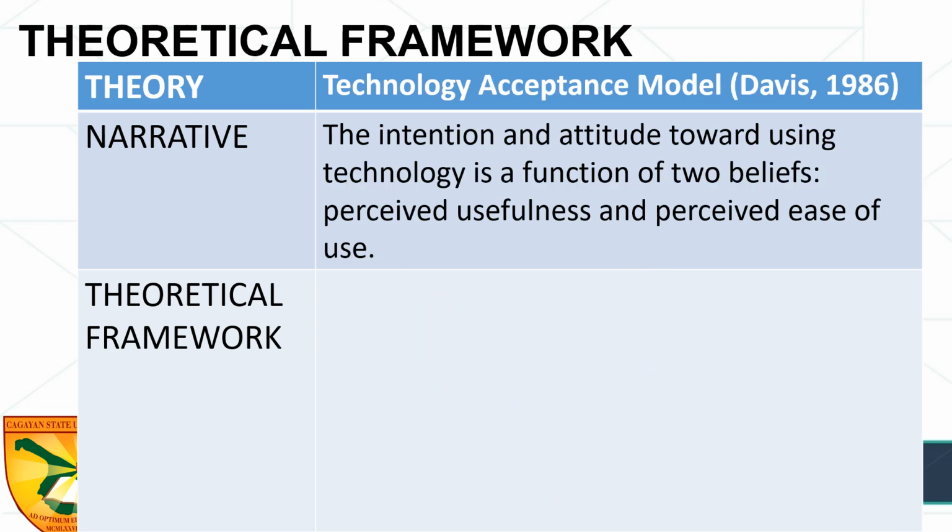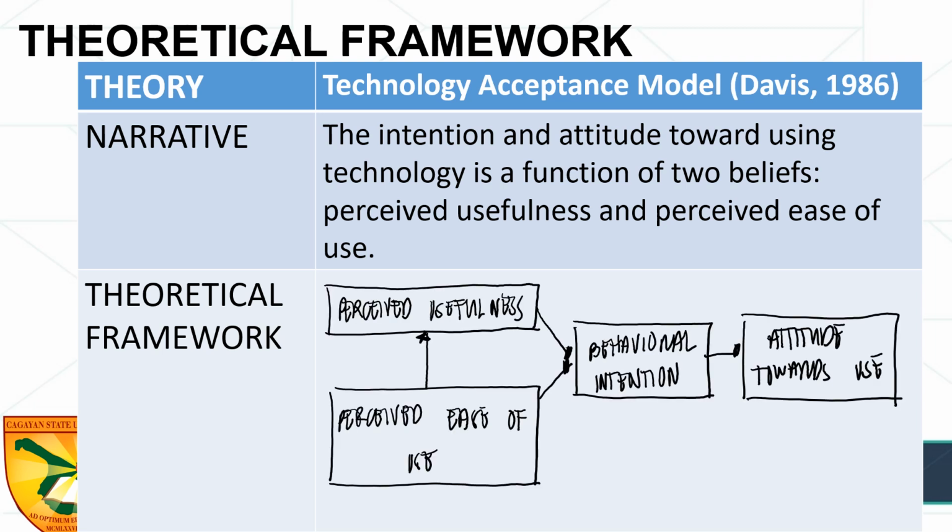Another example of theoretical framework is the Technology Acceptance Model by Davis in 1986. The intention and attitude toward using technology is a function of two beliefs: your perceived usefulness and perceived ease of use. So the theoretical framework will look like this.